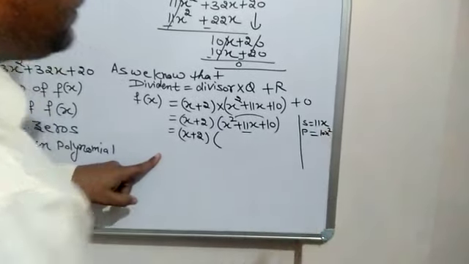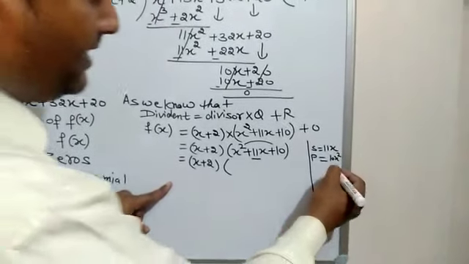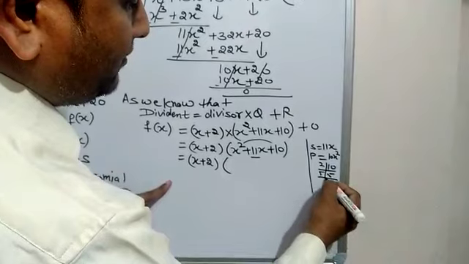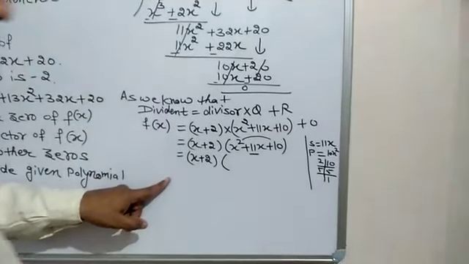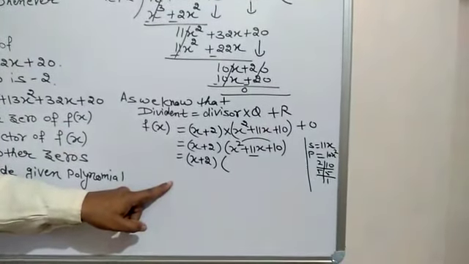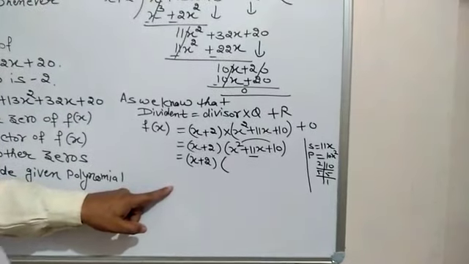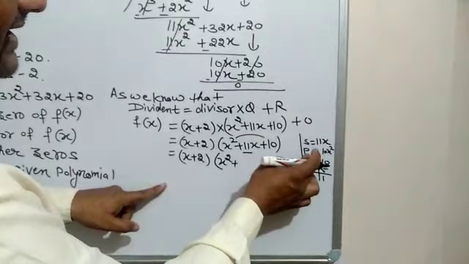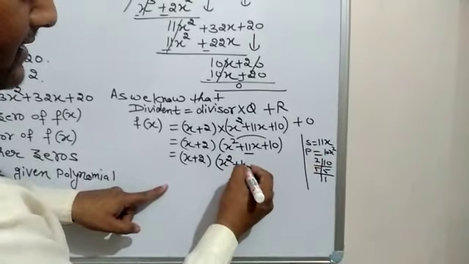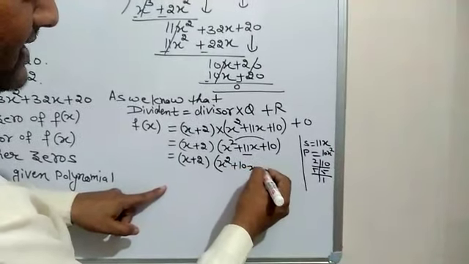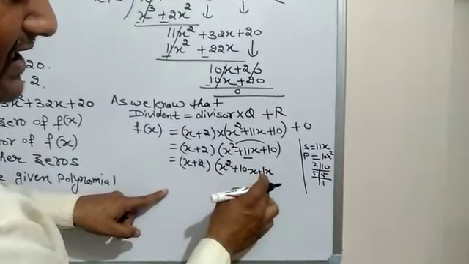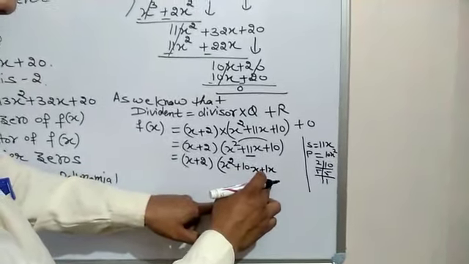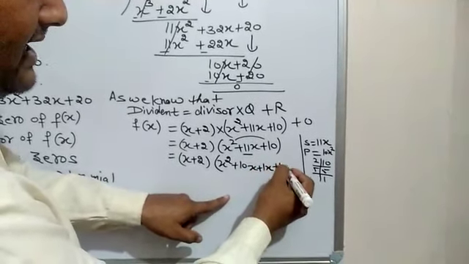So we have to split 10 in such a way that we get our sum 11x and product 10x square. So x square plus 10x plus 1x, that is 11x, and on multiplication 10x into 1x gives me 10x square.